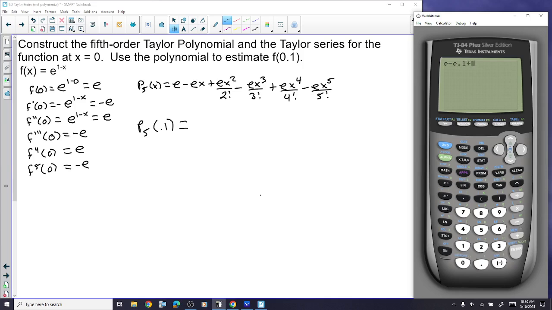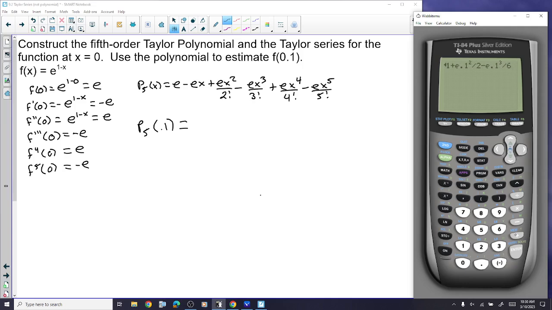Minus plus e 0.1 squared minus e 0.1 to the third divided by, oh wait, did I miss that? Divide by 2? Yeah, I did. This is the exciting part of notes, watching me do this.